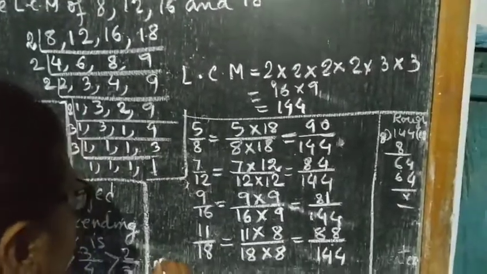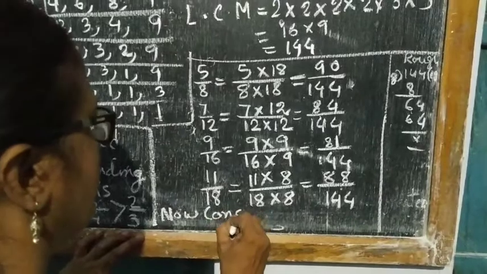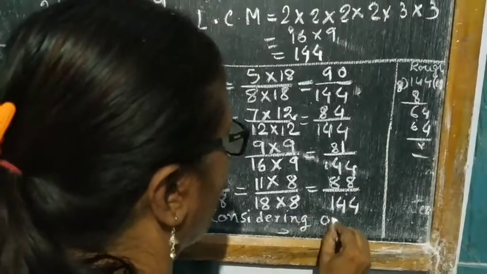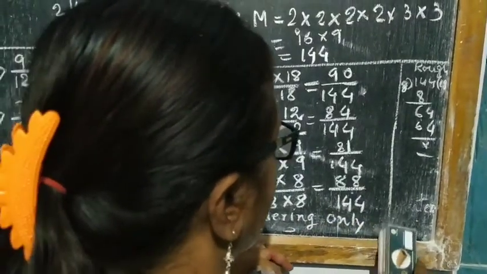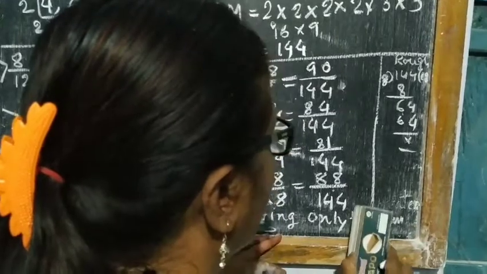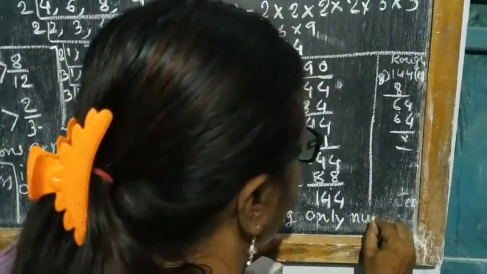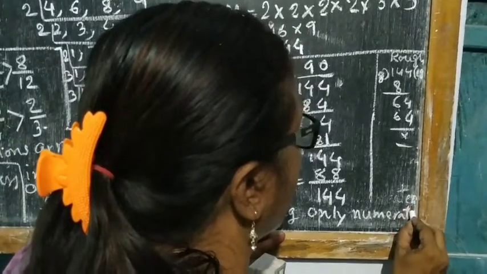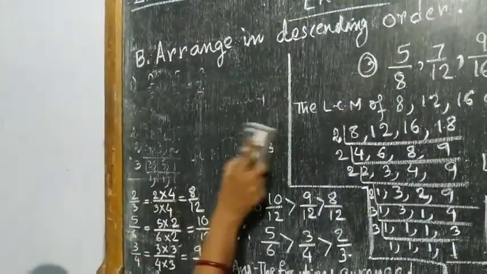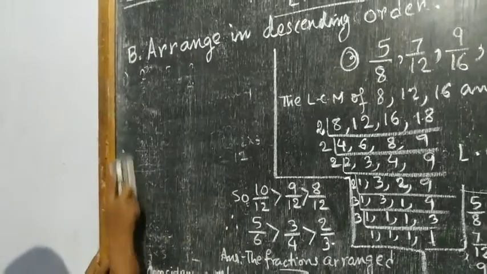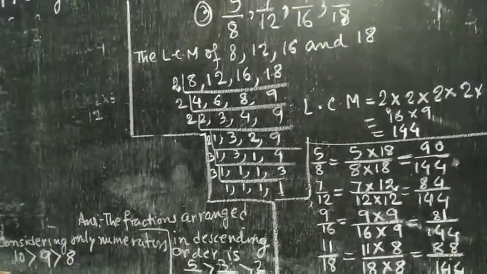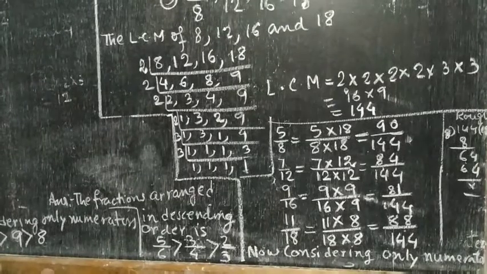So now, considering only numerators. Now, which one is better among 90, 84, 81, 88?